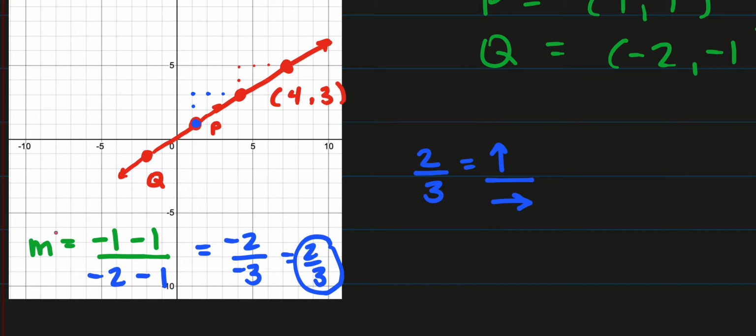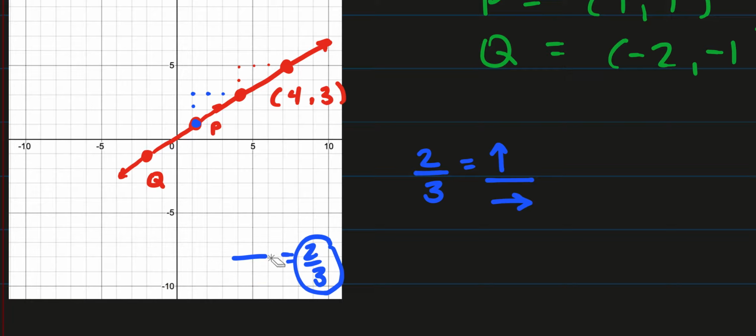But you could also go downward because this line goes on forever in this direction. So let me erase this, and let's find a point kind of below Q. Okay, so to do that, what do we have to do? Usually we go up 2 and over 3, but you could think of it as also being how far down and to the left you have to go. So you have to switch both of these directions.